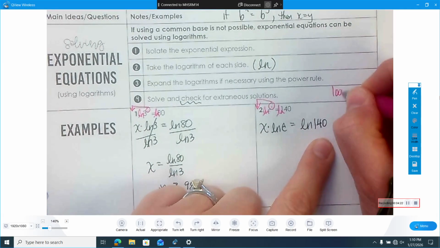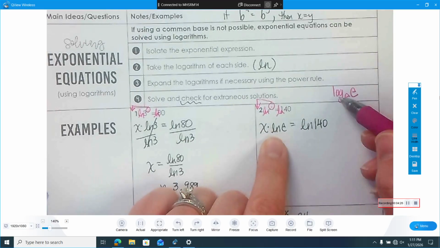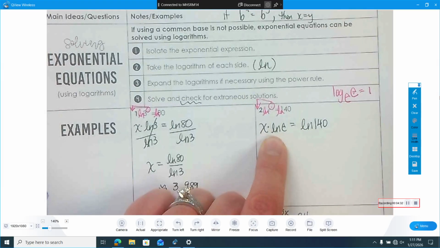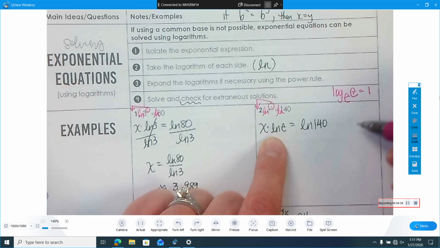Because why? What is natural log? Yeah, natural log, remember, is log base e. Log base e of e? 1. How do you drop a log? Give it a swirly. So e to the first power equals e.